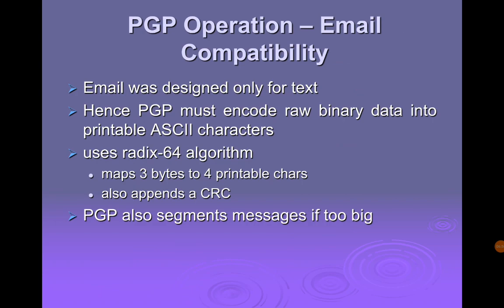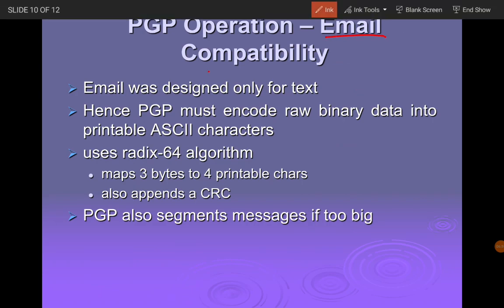Then we move on to the next functionality, email compatibility. We all know email can support only text. PGP must encode the binary data into ASCII characters. For this conversion, we are using the Radix 64 algorithm.